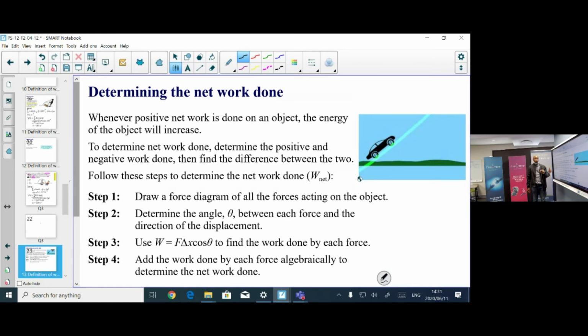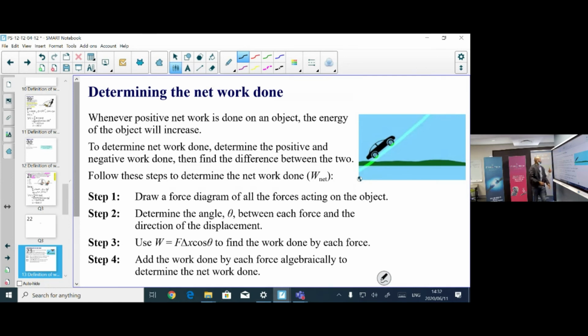This time we have to calculate all the forces that are taking part here. We have to ignore those forces that are coming down and the normal. We have to look at the x-axis, this plane here, the inclined surface.